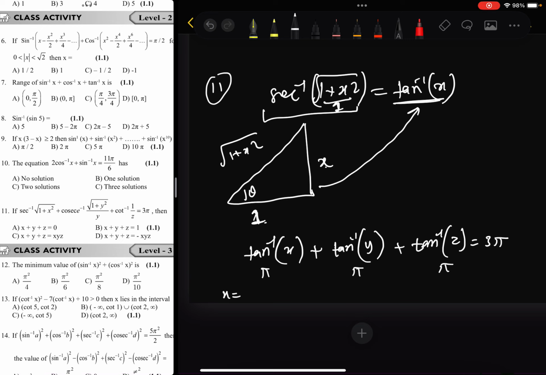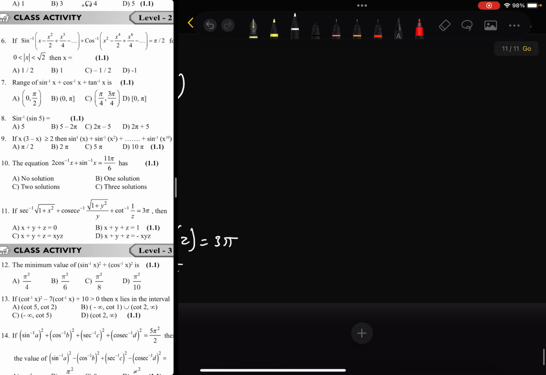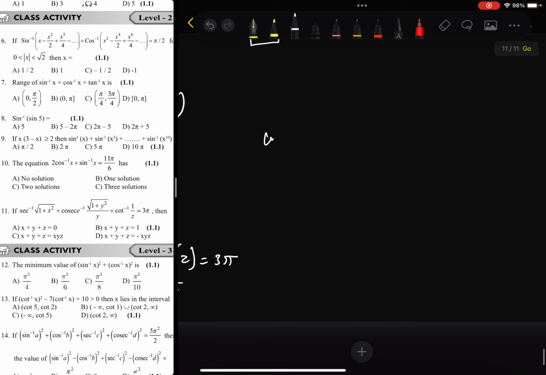So we have to check these equations once again. This is cosec inverse of 1 plus y square by y. Let me check this once again. If we do the triangle rule again, we can substitute here in place of y.